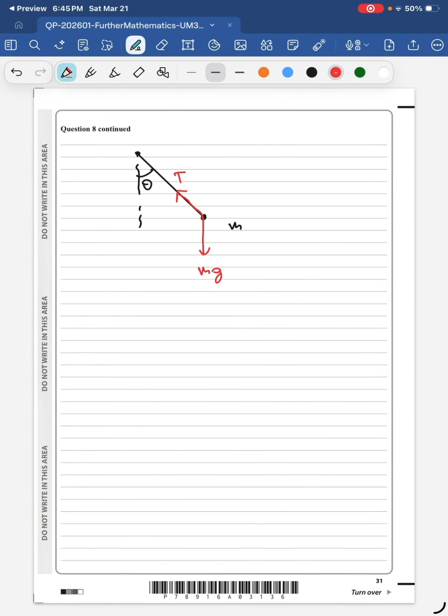So this is making a circular motion. Therefore, it makes sense to draw an axis that extends from the string and a perpendicular axis. If I extend this a little bit, we see that if the angle is theta, this is also theta, and therefore this is also theta.